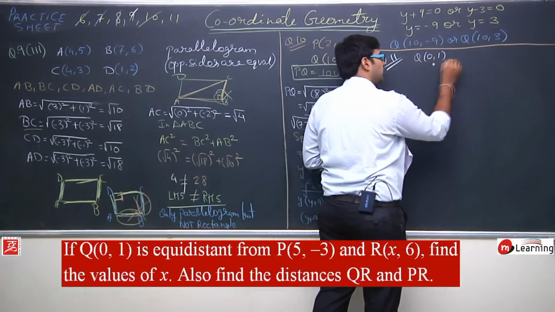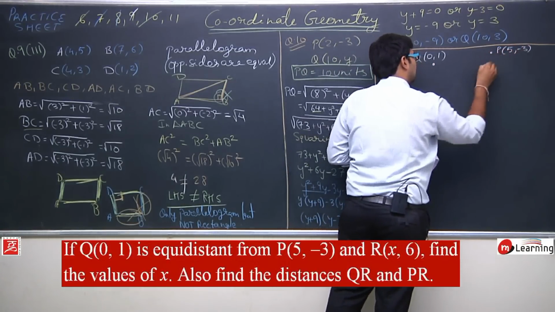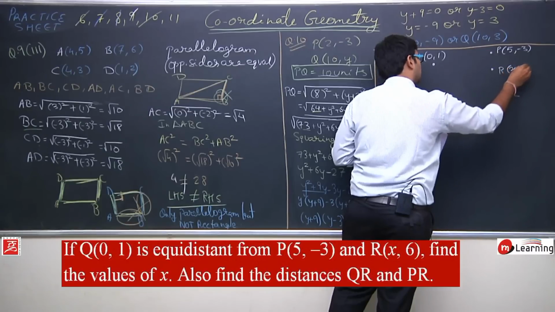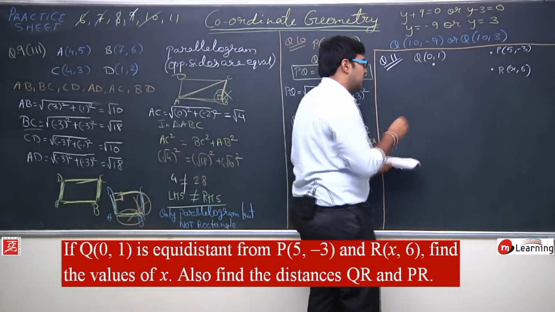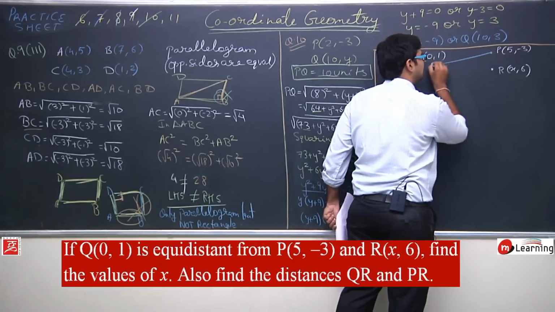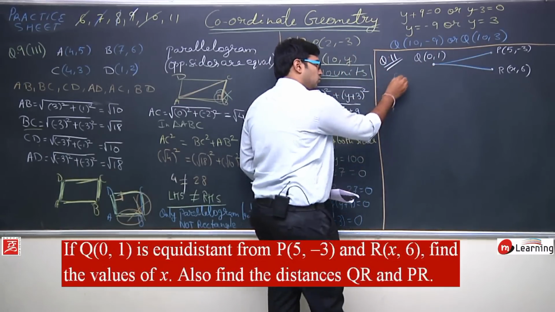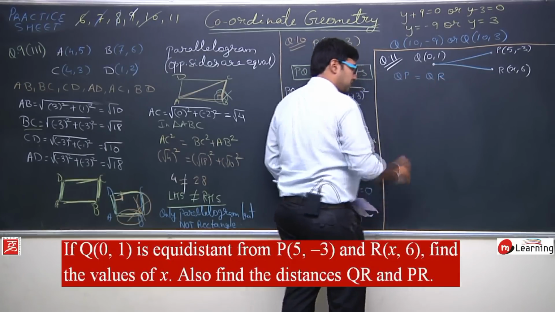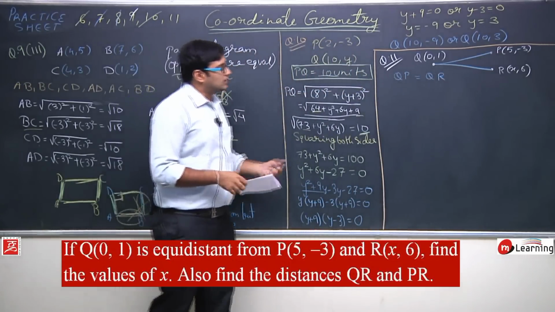So if this is Q point, this is P point (5, minus 3), and this is R point (x, 6). And according to the question, it is given that this Q point is equidistant from both the points, that is QP equals QR. Okay, QP equals QR, that is given. Now what is QP?